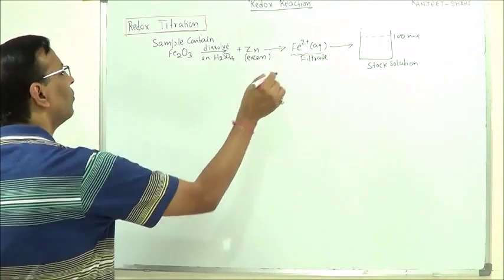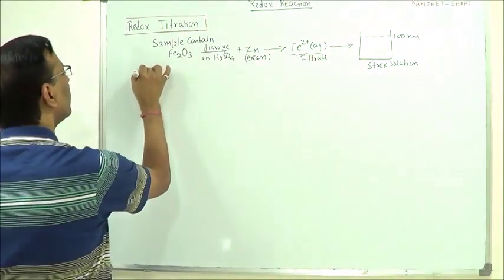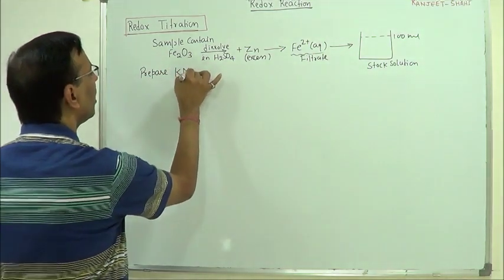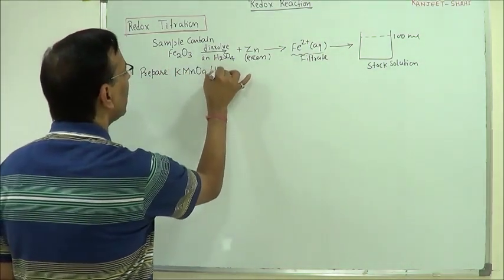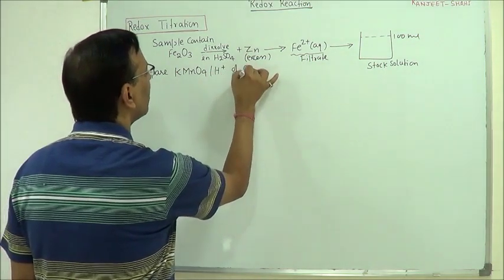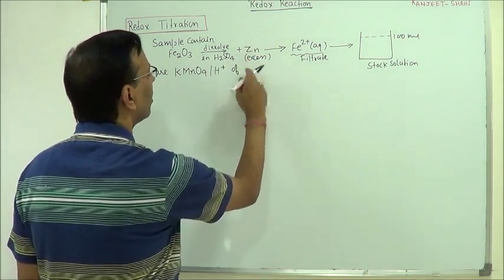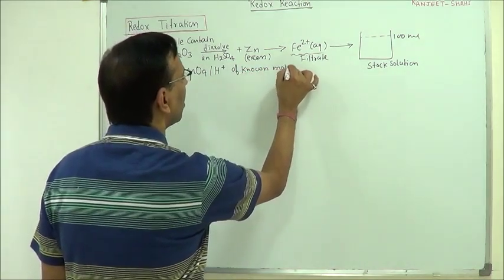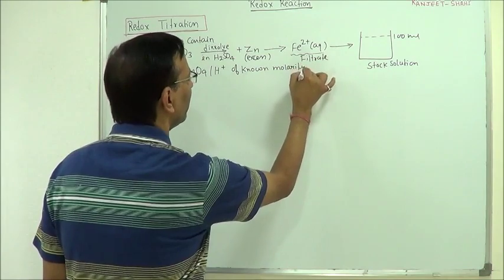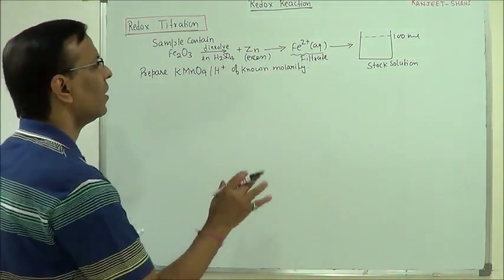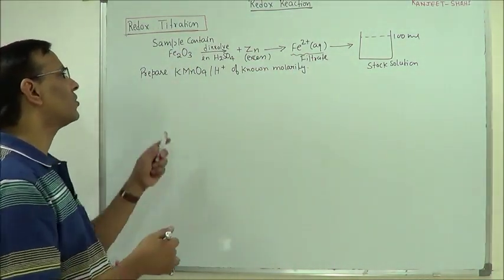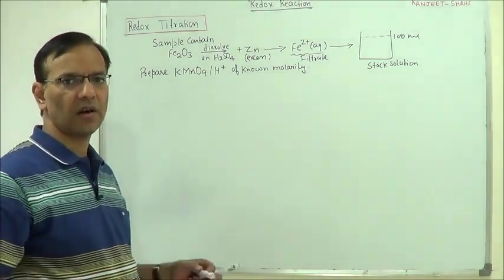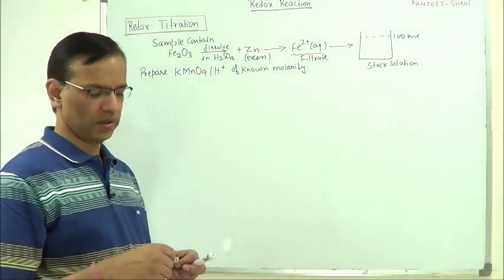So prepare a KMnO4 solution in acidic medium of known molarity. So now we have stock solution and a solution of oxidizing agent whose molarity, strength, concentration is known to us.